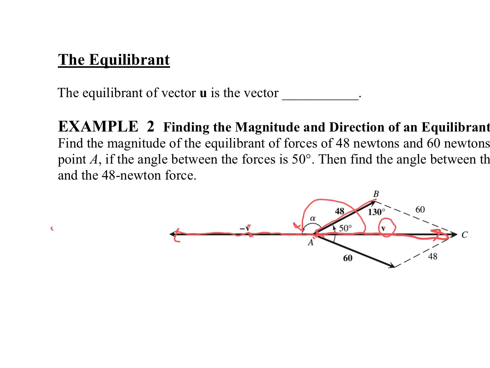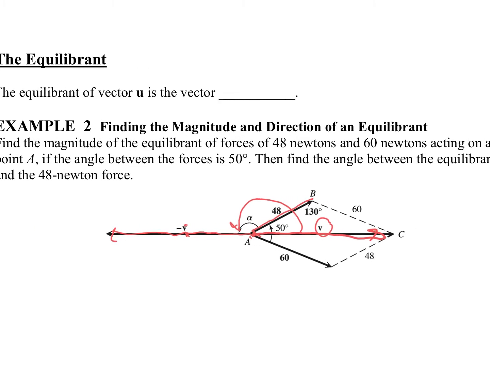You can almost say it's like a negative magnitude. Okay, I don't need to have that there, just to show you that any vector can have an opposite vector.